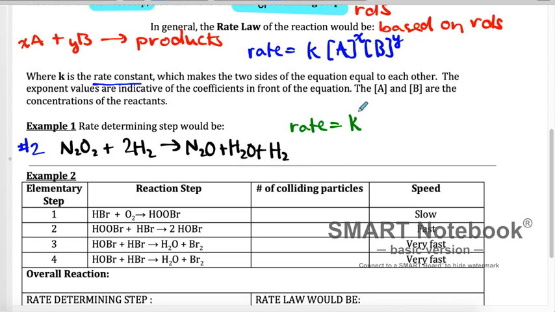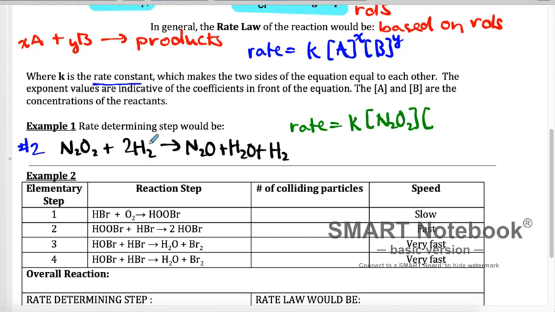So it's some K value with the concentration of A. And in this case, we can use this as A, our first reactant. The exponent for A is the coefficient for N2O2. And because this is understood as 1, the exponent will therefore be 1. We don't have to necessarily write that 1. It's understood if we don't write anything here that that is 1. So N2O2 to the power of 1.